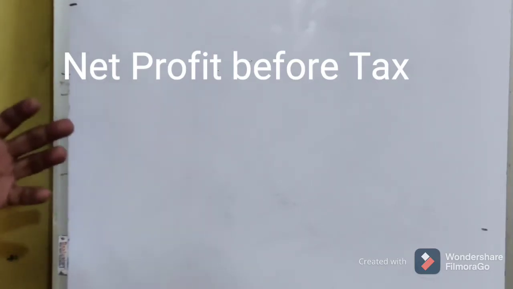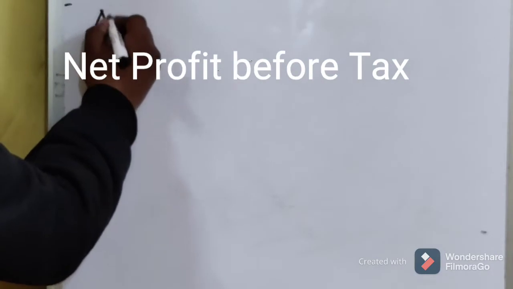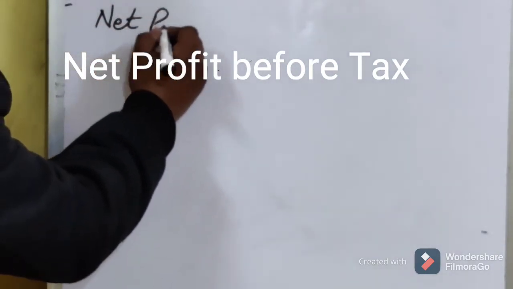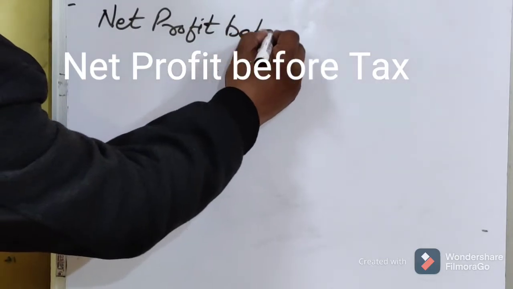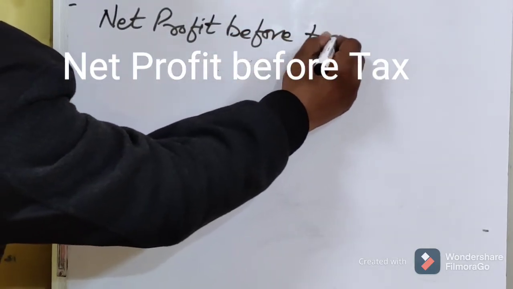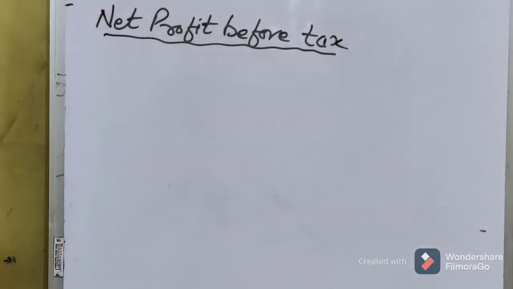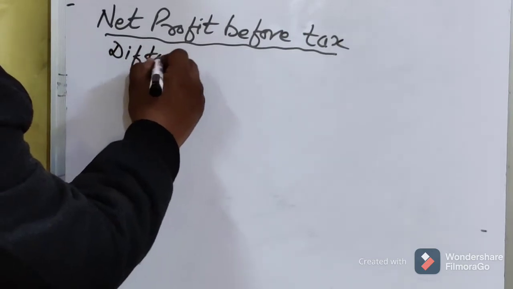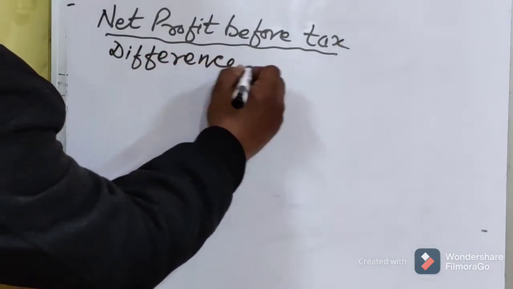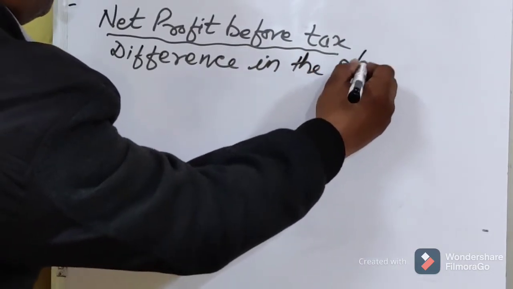To compute the net cash from operating activity, first of all we should know the net profit before tax. So to find it, first of all, the difference in the profit and loss account.